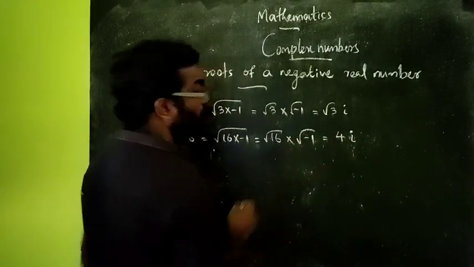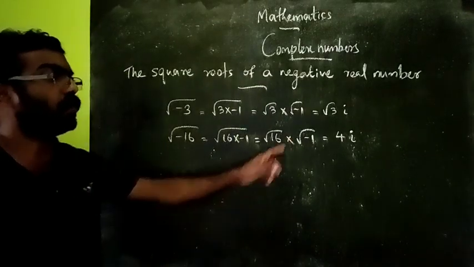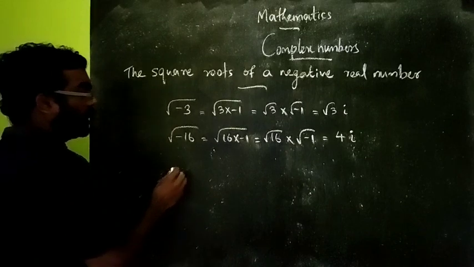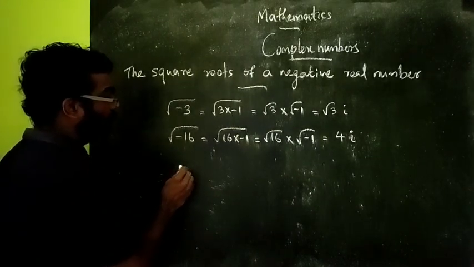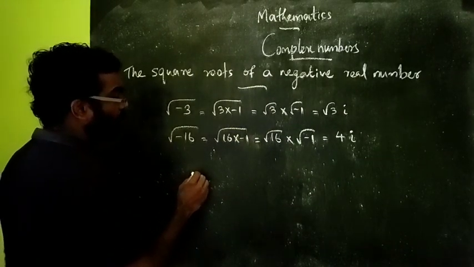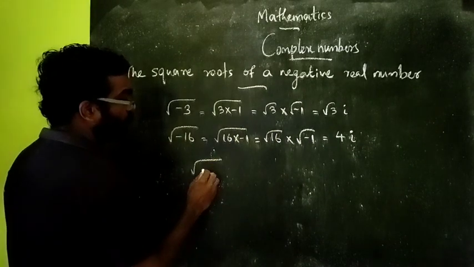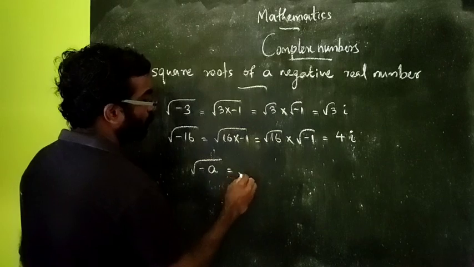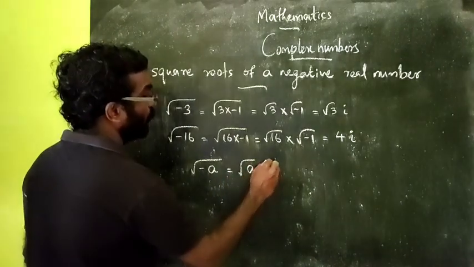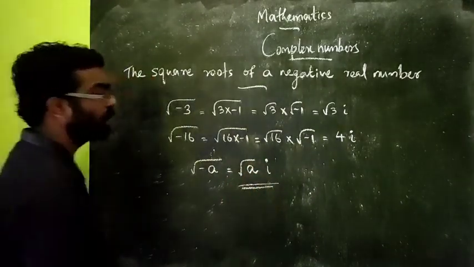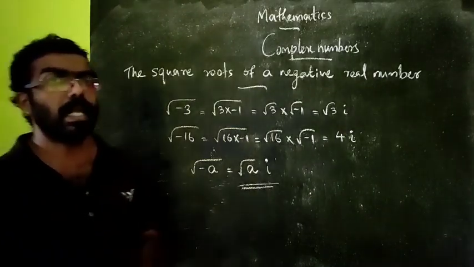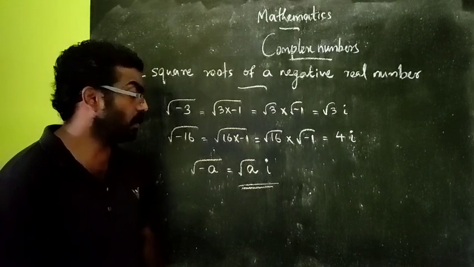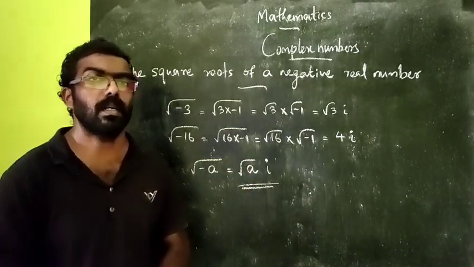Root 16 is 4, so we write 4, and root of -1 is i. And generally speaking, we can say for any positive number a, root of minus a will be equal to root a into i.